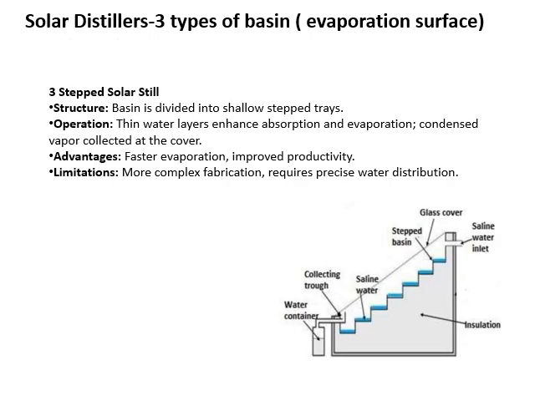Now we will talk about the step solar still. For the step solar still, you can see that the basin is divided like a stair, right? So one, two, three, four, five, six, seven steps there, and we distribute the saline water in a thin film over this.